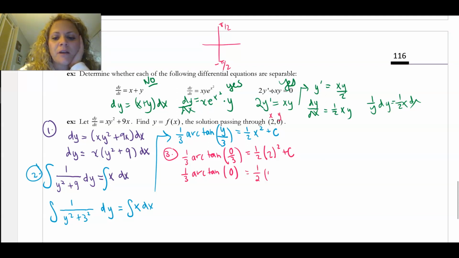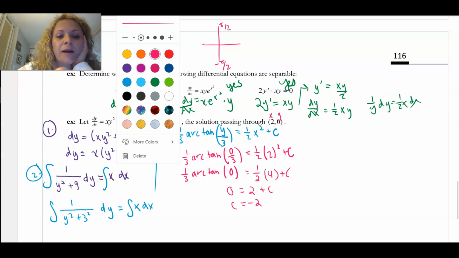All right, so we get 0 on the left side because the arctangent of 0 is 0, and 1/3 times 0 is 0. And that equals 2 plus c. So subtract both sides by 2. We get that c is equal to -2. But we've got to plug that in before we solve for y.